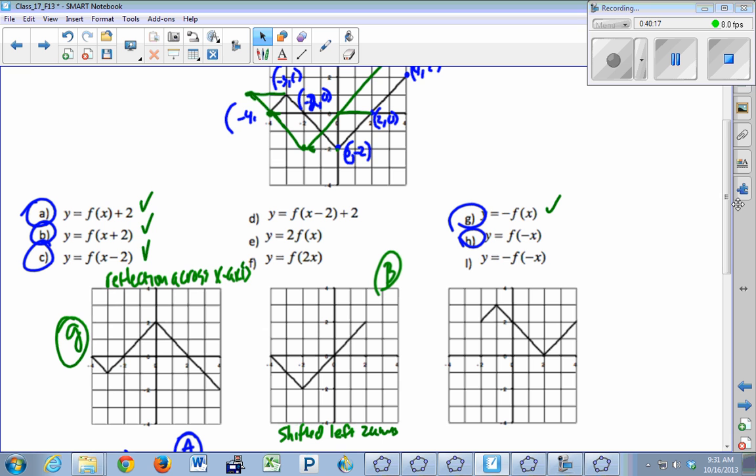In F, there's a factor of 2 affecting your x before you even get to operate on it. D is what we call a multiple shift, because in D, we're doing a horizontal and a vertical. And here we have a double reflection, right? So let's take a look at when we have factors affecting our functions.